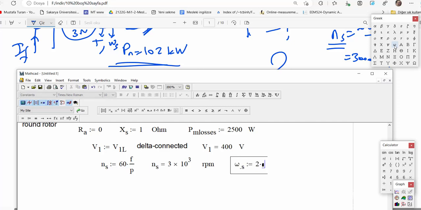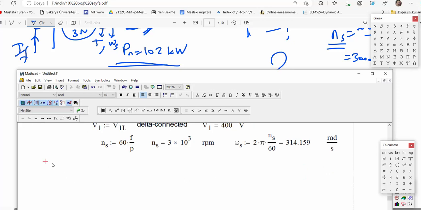Angular speed omega synchronous is equal to 2 pi ns over 60, and it is such a value in radians per second.